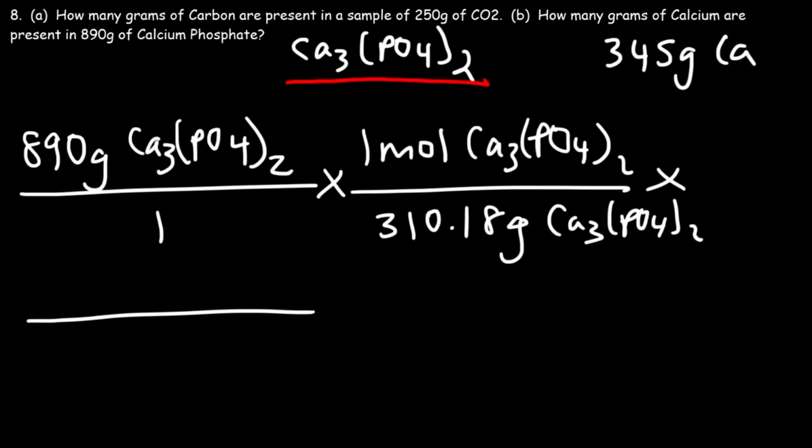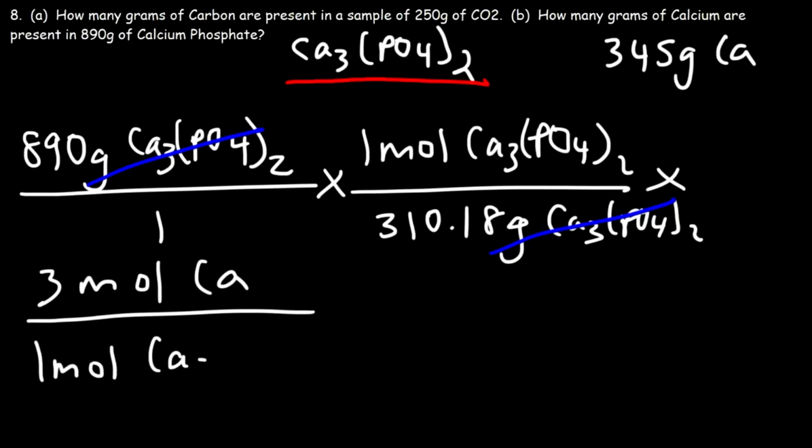Now these units cancel. Our next step is to convert from moles of calcium phosphate to moles of calcium. And notice that there's 3 calcium ions in that compound. So we could say that for every 3 moles of calcium, there's 1 mole of calcium phosphate. So we have a 3-to-1 ratio. So now these units cancel.